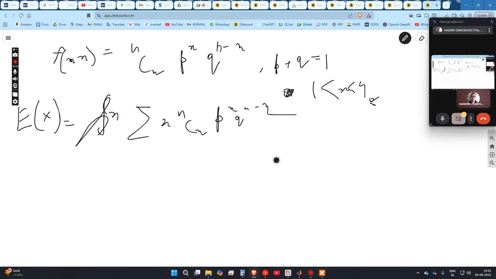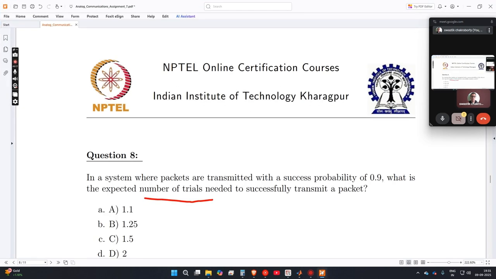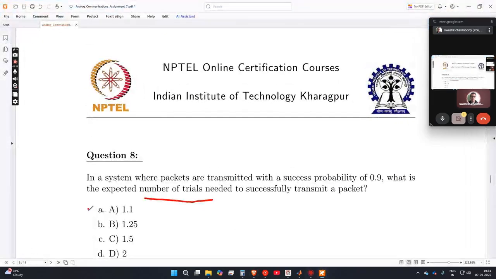Here x will vary from 1 to n. Now this summation boils down to 1 by p. This binomial calculation we are not doing, but it boils down to 1 by p. So the expected number of trials to successfully transmit a packet is just the inverse of the success probability. So it is 1 by 0.9, or 1.11. So the correct answer is 1.11.